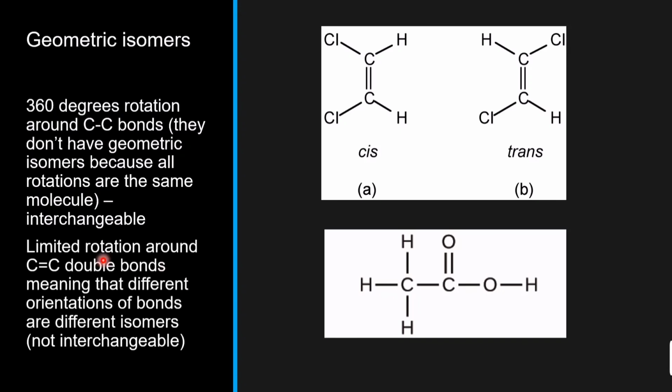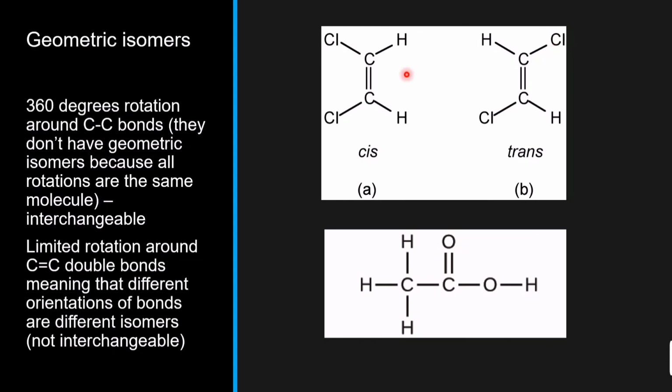But there is limited rotation around a double carbon bond, meaning that the different orientations around the bond are actually different isomers because they are not interchangeable. So this molecule can never be this molecule because there is not 360-degree rotation around this bond. So this chlorine will never be over here when it rotates.